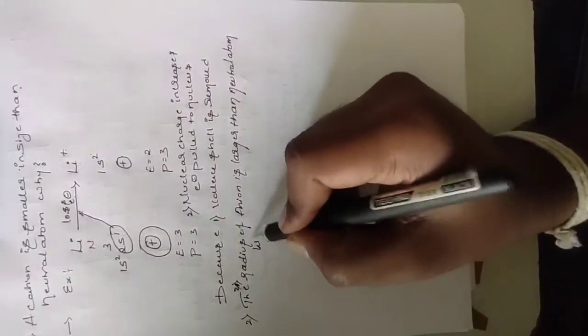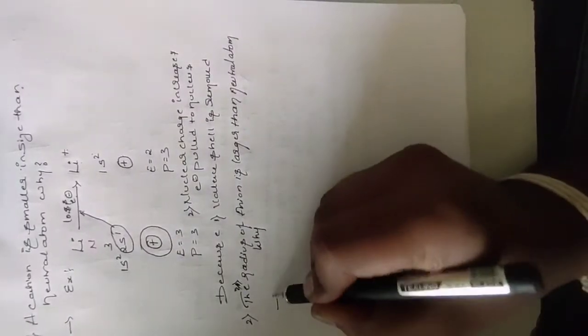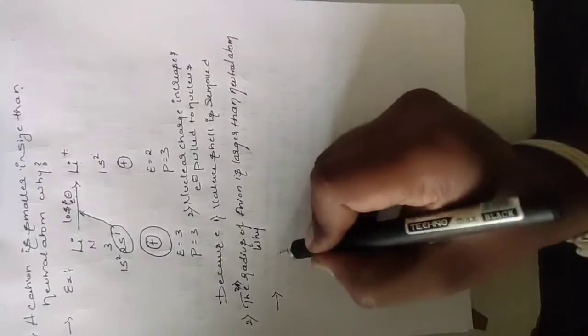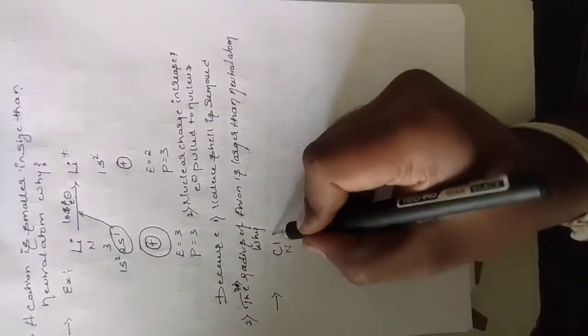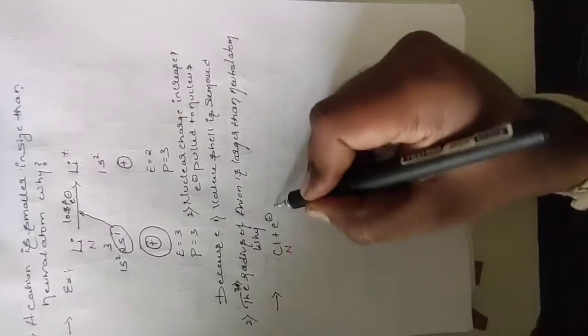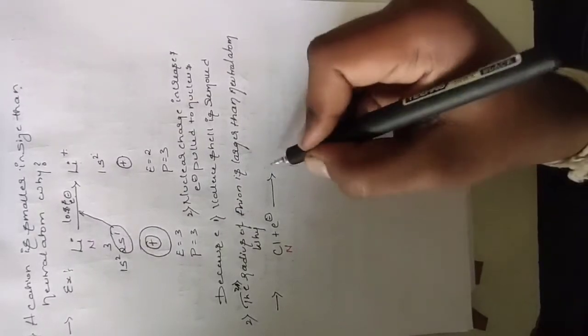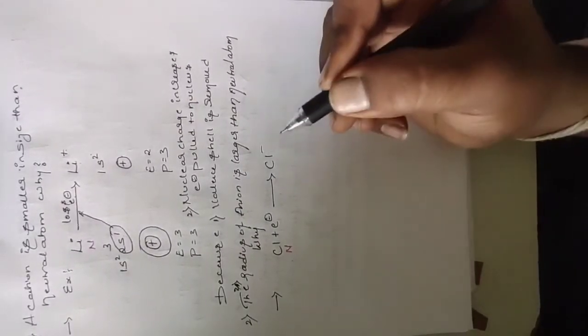Why? Because we will take an example. Chlorine is in the neutral state. If we add an electron to chlorine, a gaining of electrons, then it becomes Cl minus.